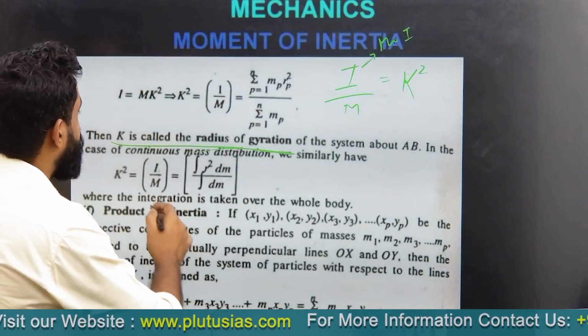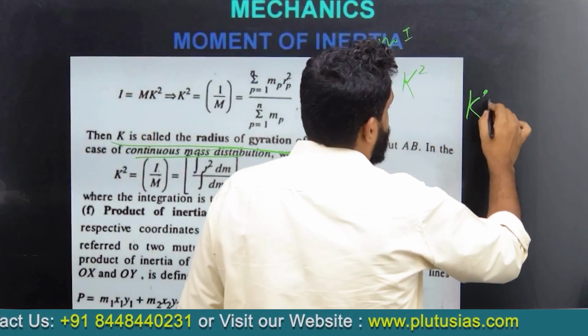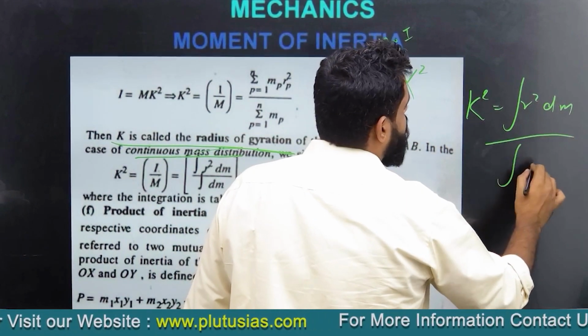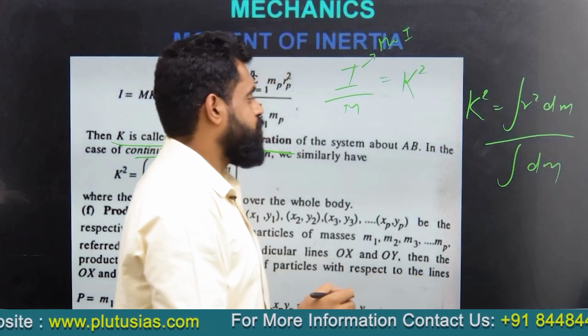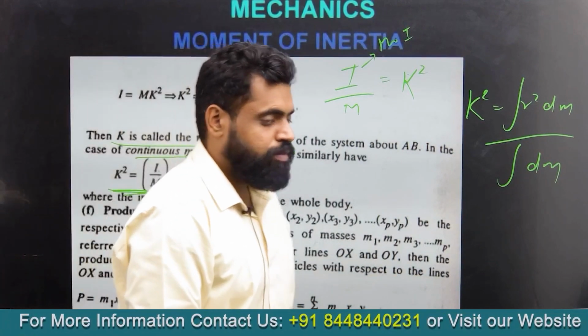But now when it is a continuous distribution, I told you I would be integration r square dm, and the mass would be integration dm. So this is the moment of inertia.